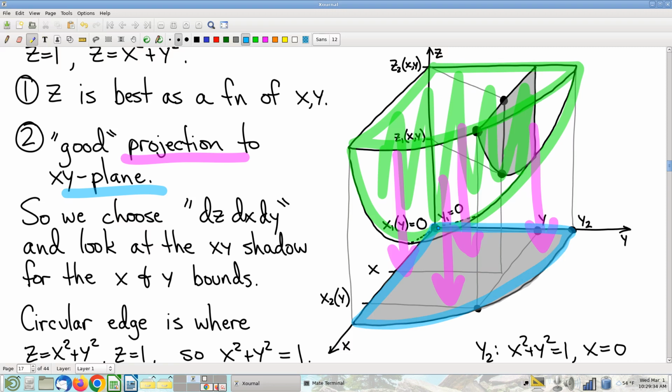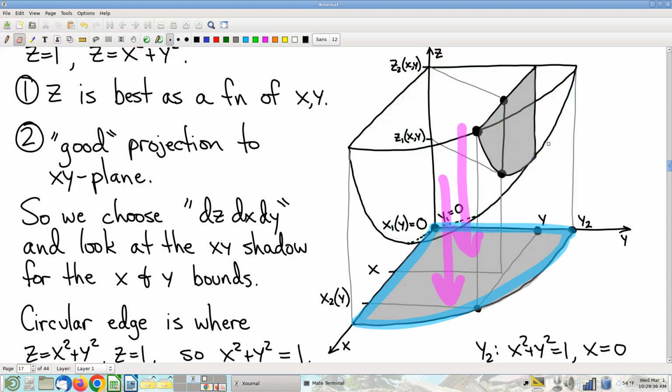Okay, now is where the subtlety comes in. What do I mean when I claim that this is a good projection? And there is such a thing as much better and much not better projection. So first of all, the shape itself is a reasonably nice shape. I don't hate that shape. It's not a hexagon with 6 non-parallel sides, right?